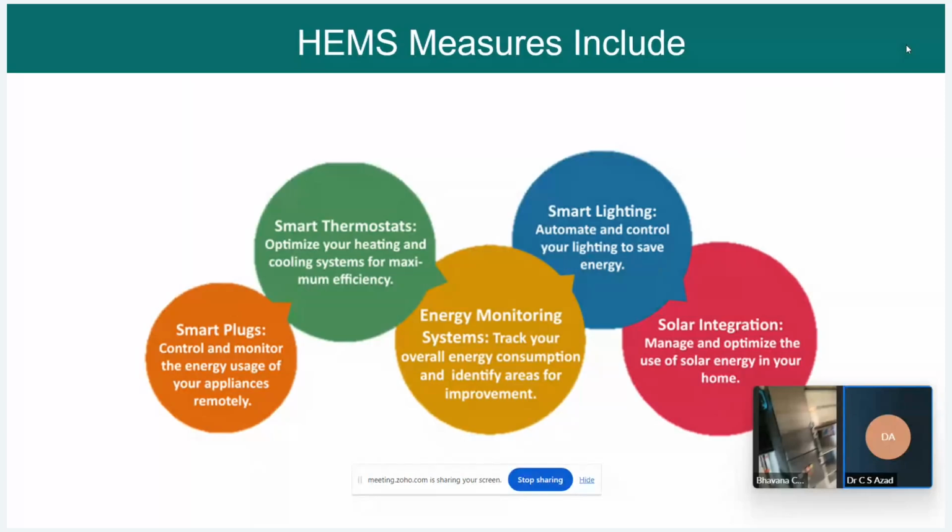Similarly, in case of your lighting, you can automate and control the lighting. And with solar integration, you can manage and optimize the use of solar energy. So all these things are part and parcel of the home energy management system.